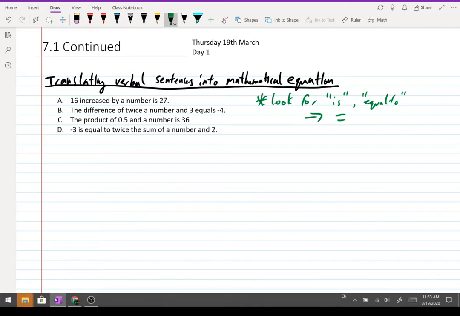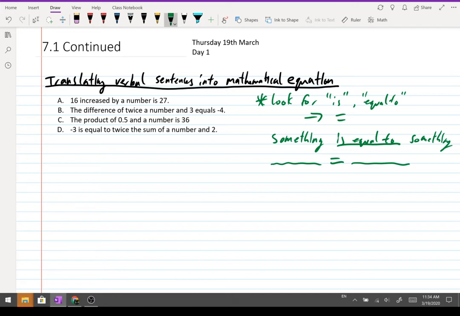Anything before that will be one side, and what comes after will be the other side. So it usually will be something is equal to something, in a mathematical equation.